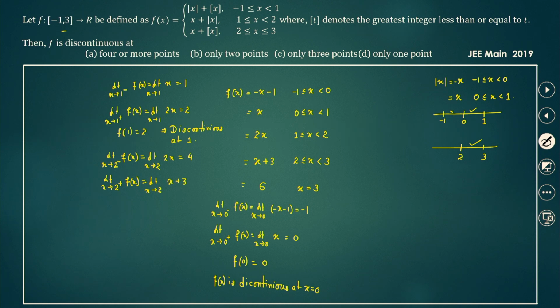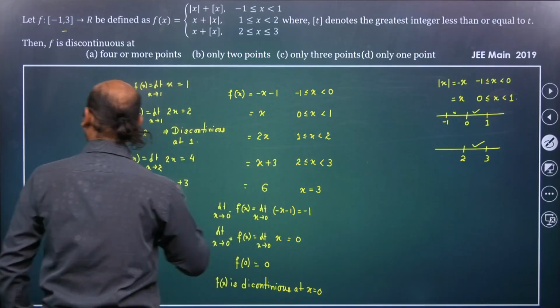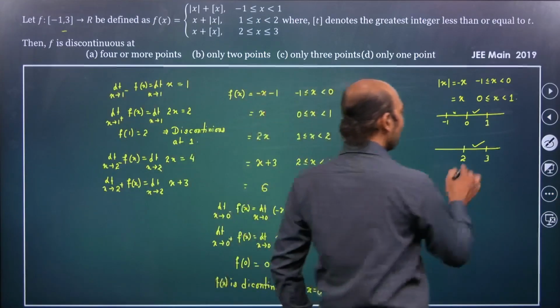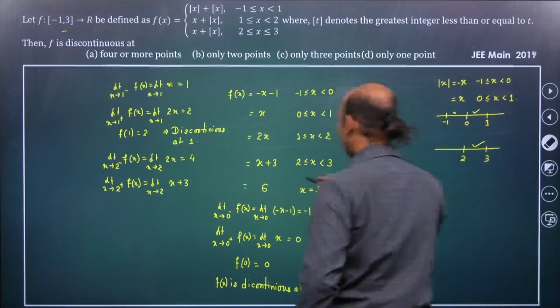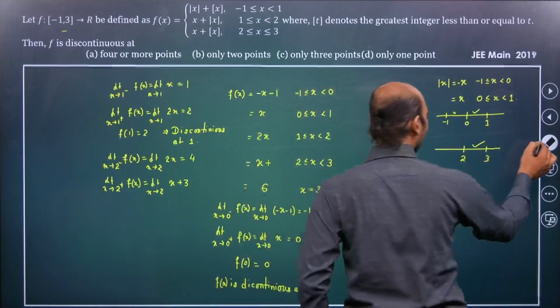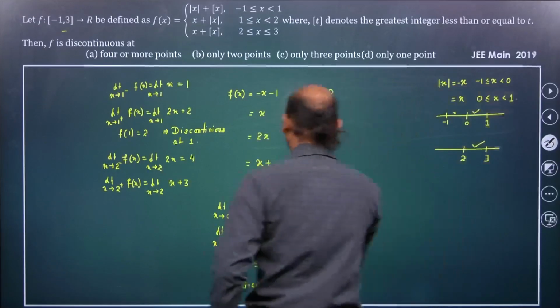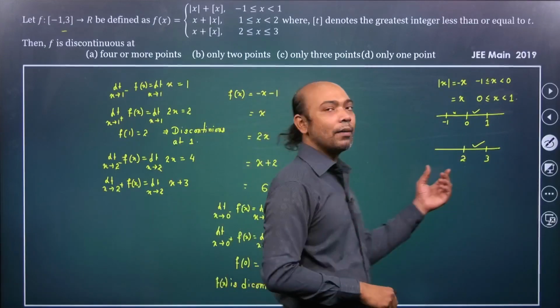Now here, I wrote it as x plus 3, but obviously, as we mentioned, that became x plus 2. Now come back to that number line again.